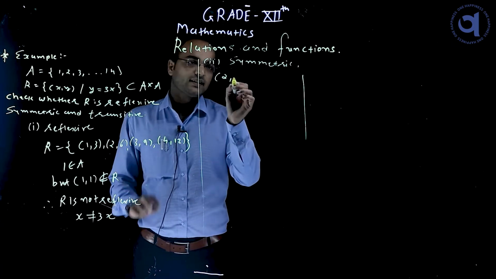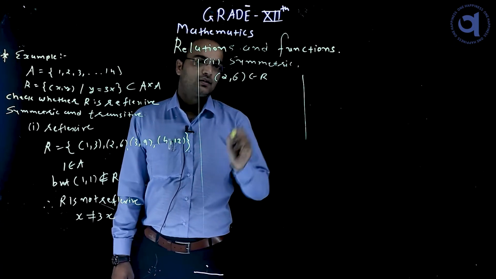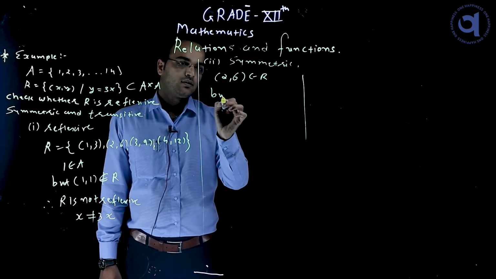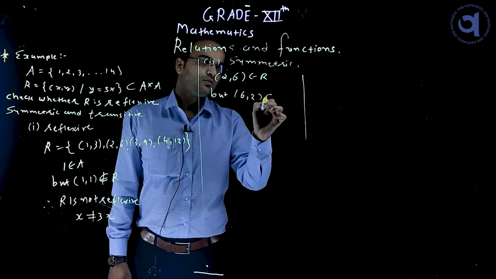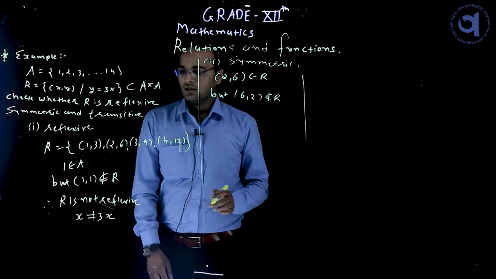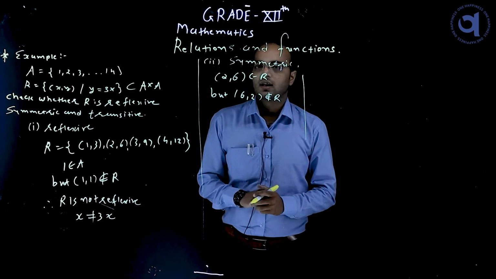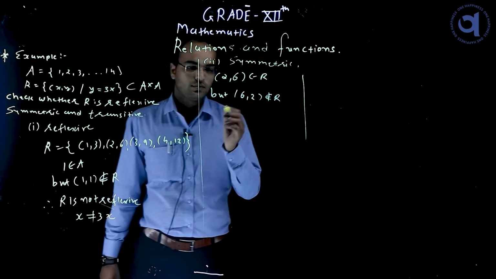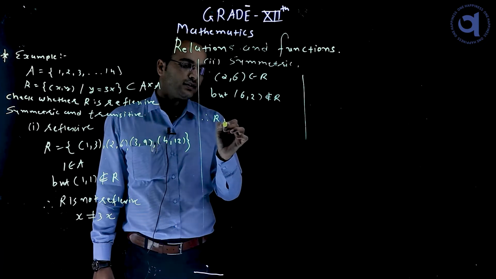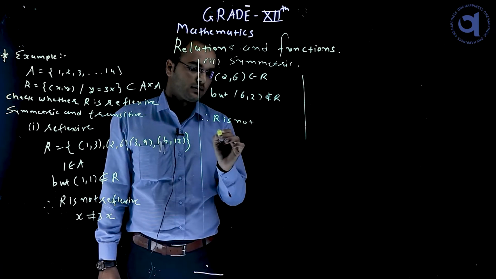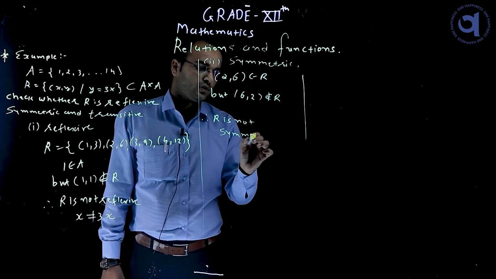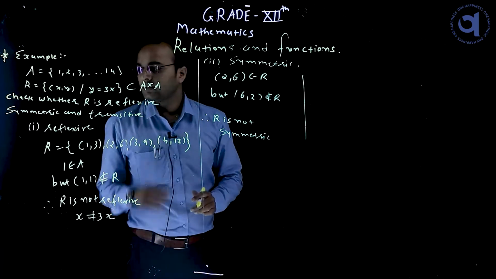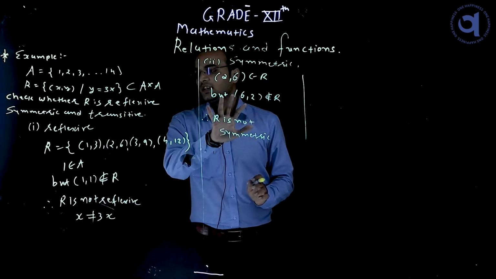Look here, 2 comma 6 belongs to R, but 6 comma 2 doesn't belong to R. There is the ordered pair 2 comma 6 in relation R, but 6 comma 2 is not there. So R is not symmetric on the given set A.